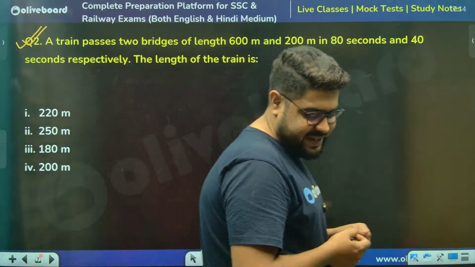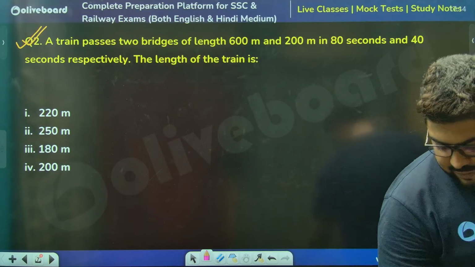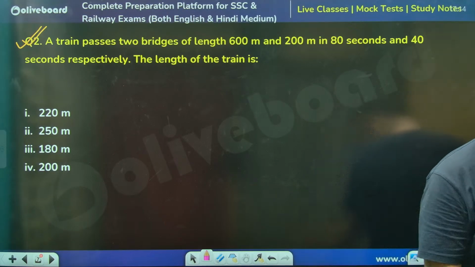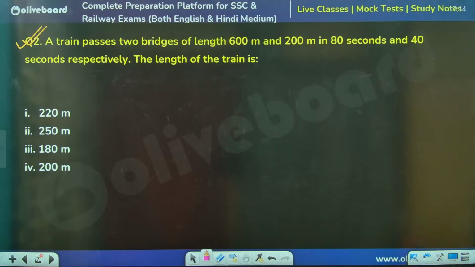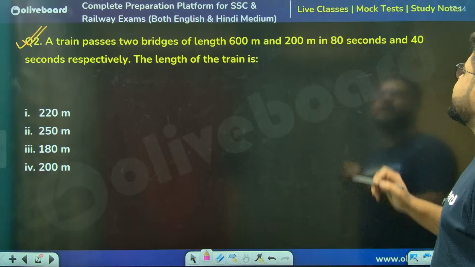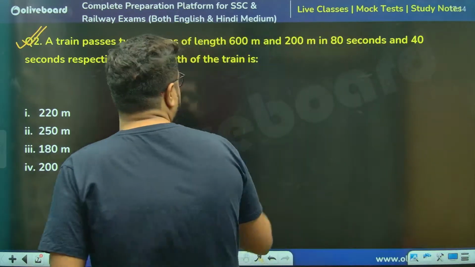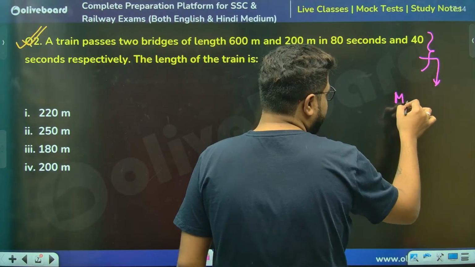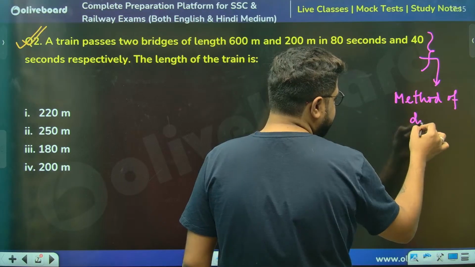Next one. Everybody, please solve this. A train passes two bridges of this length and this length in 80 seconds and 40 seconds respectively. Whenever you see two pieces of information like this given, always use, I told you multiple times, the method of difference.